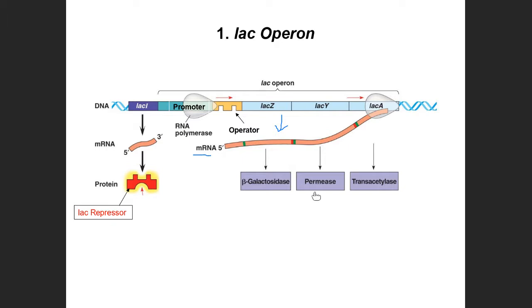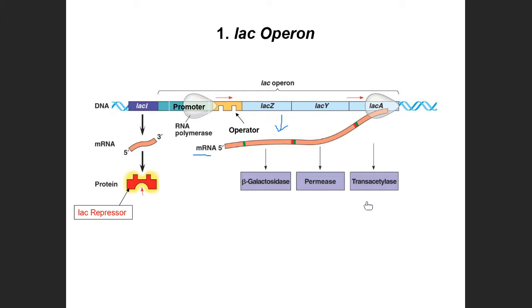The second polypeptide that's made becomes permease, and right when the ribosome wants to terminate translation, it sees another start codon and continues. Finally, when it reaches that third stop codon from the Lac A gene and synthesizes that third polypeptide, which becomes transacetylase, that's when translation will be terminated.